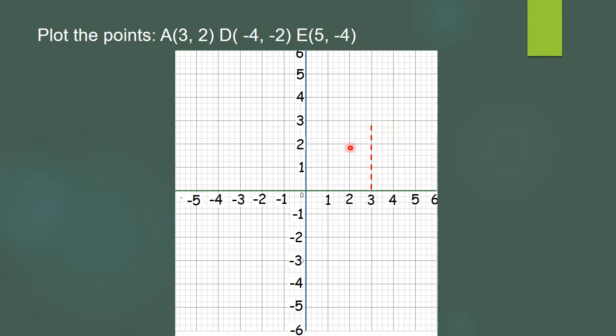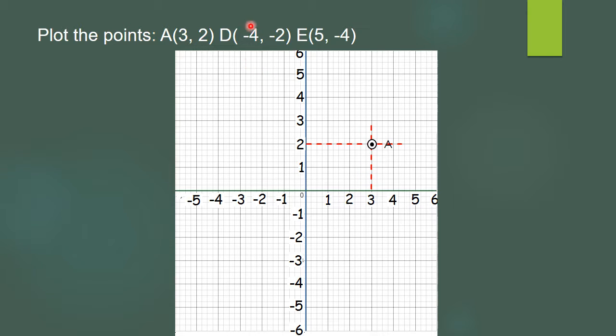Its y coordinate is 2, so draw a line through 2 parallel to the x axis. Now where these two dotted lines intersect, that point is the point A whose coordinate is (3, 2).